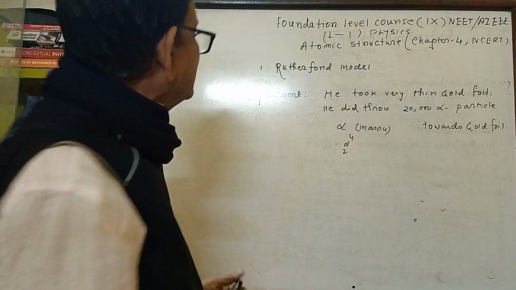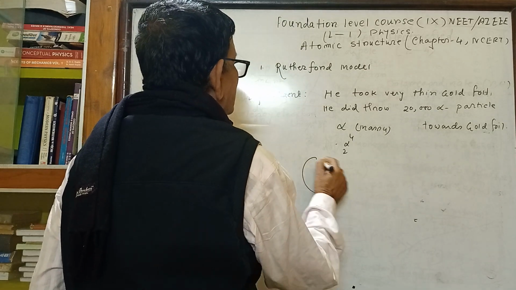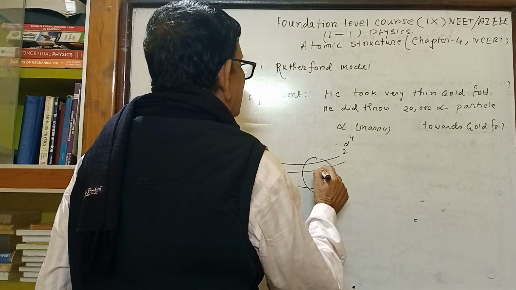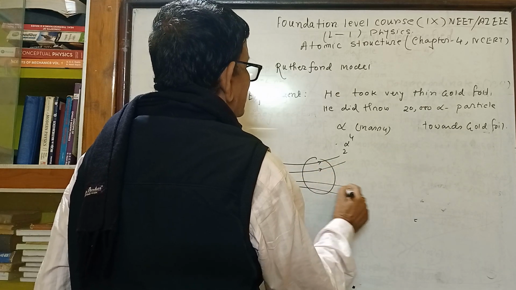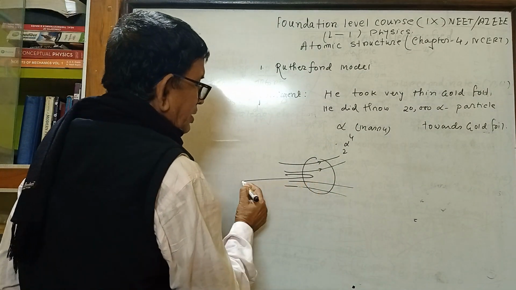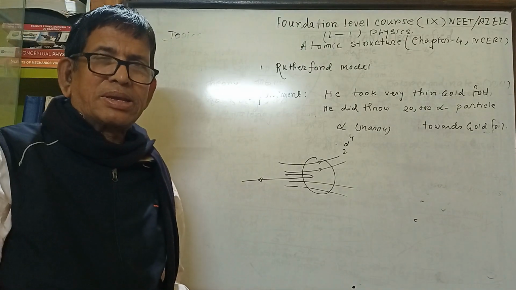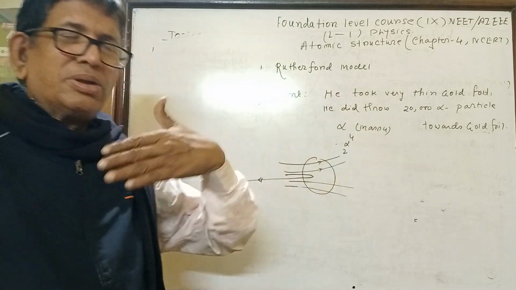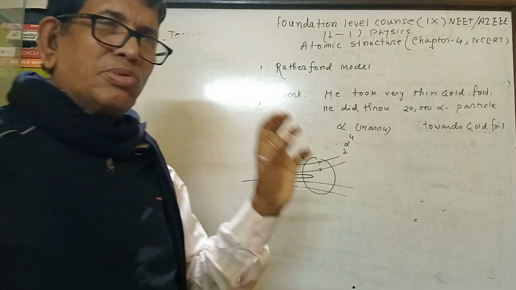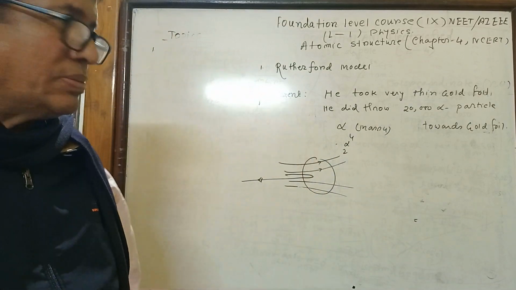He observed that the maximum number of particles passed through the gold foil. Only a few of them, 1 or 2 or 3 out of 20,000, bounced back from the gold foil.